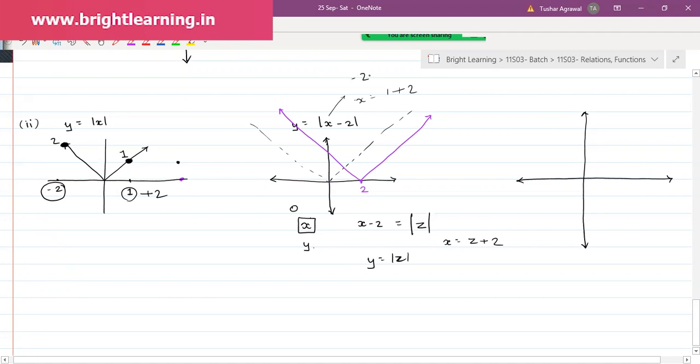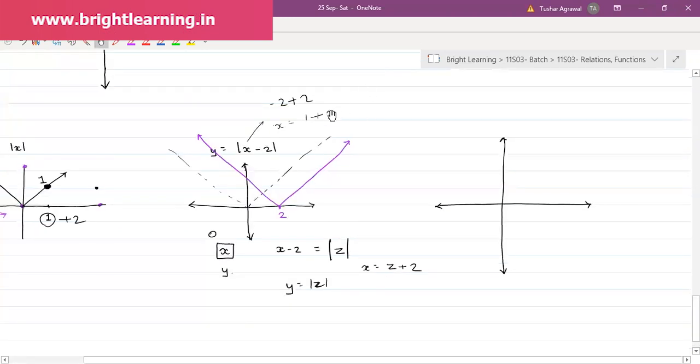My x should be negative 2 plus 2, that is 0. So plus 2 means I'm shifting 2 units to the right side. So now I will have the corresponding image over here. Every time you're moving 2 units to the right. So this is the graph of mod of x minus 2.